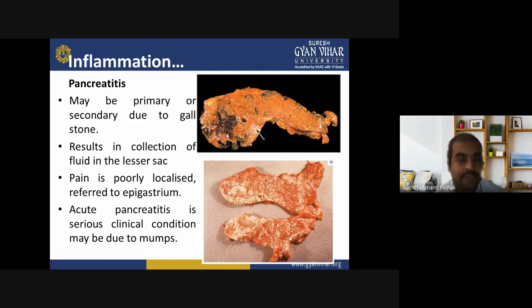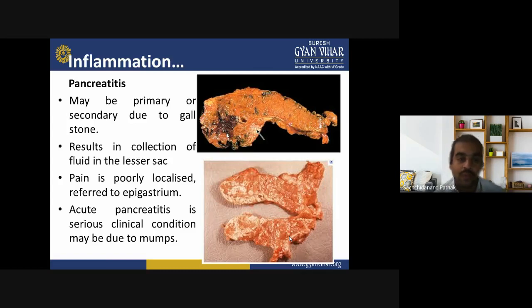Acute pancreatitis is a serious clinical condition. There are many reasons for pancreatitis to form. It could be due to gallstones in the gallbladder. If there is a gallstone present in the gallbladder, that will lead to inflammation in the pancreas. So yes, it causes pancreatitis, the inflammation in the pancreas.